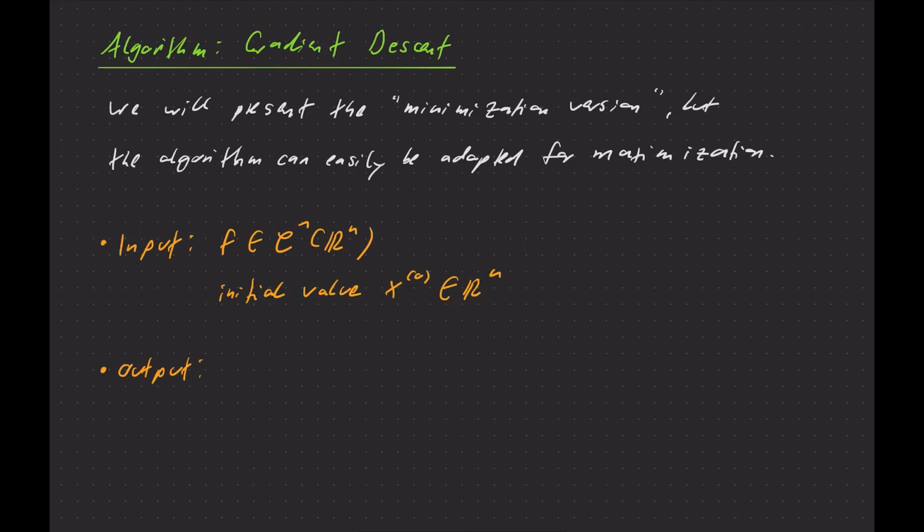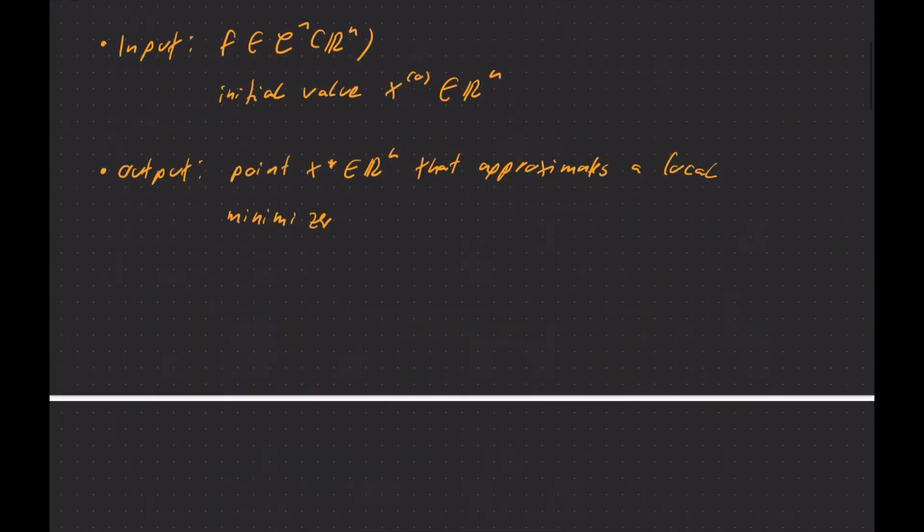And the output that we expect is some point x star in R^n that approximates a local minimizer. At least that's what we want out of the algorithm.